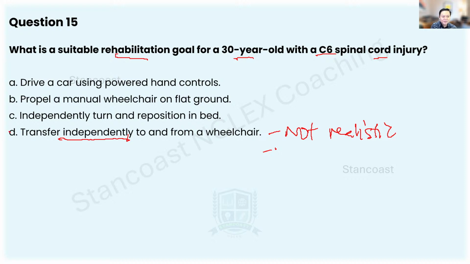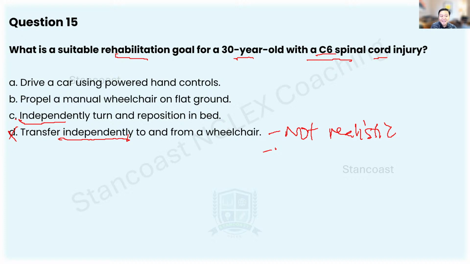What about letter C? Independently turn and reposition in bed? What do you think about this? The word independently. Turn and reposition in bed. We know that turning and repositioning independently is very challenging, because the patient has a C6 spinal cord injury.